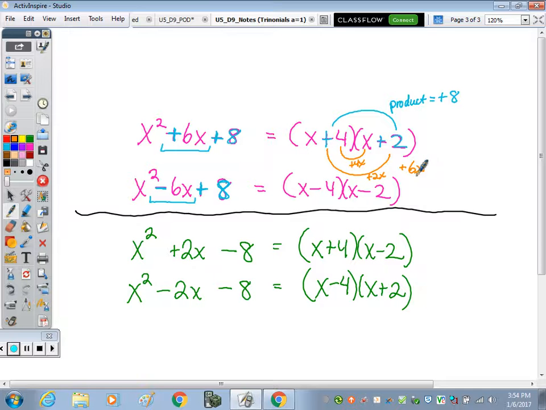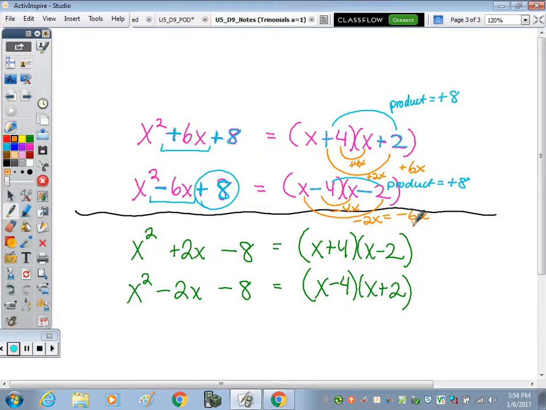A negative times negative for that product still gives you a positive 8, which we have. But the little smile, big smile, when you're combining them, negative 4x and a negative 2x gives you a negative 6x.